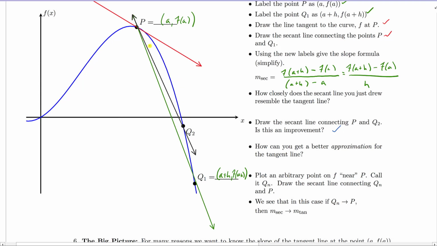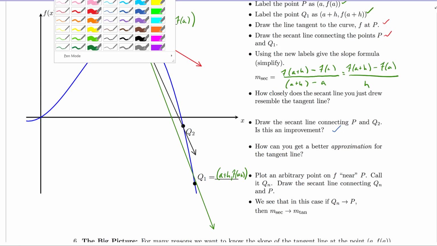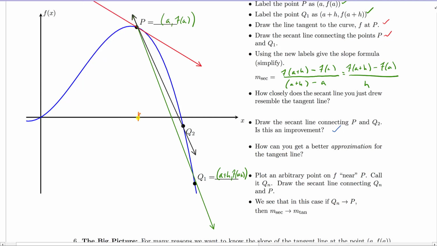Well, for that to happen, okay, what do we need to do? Well, the only difference between these 2 points was to say that this one was a distance of H away. So let's go ahead and just real quick here. This wasn't something I asked you to do in the handout, but here we had A, and then for Q2, we could think of that as the point A plus H, that's that coordinate.